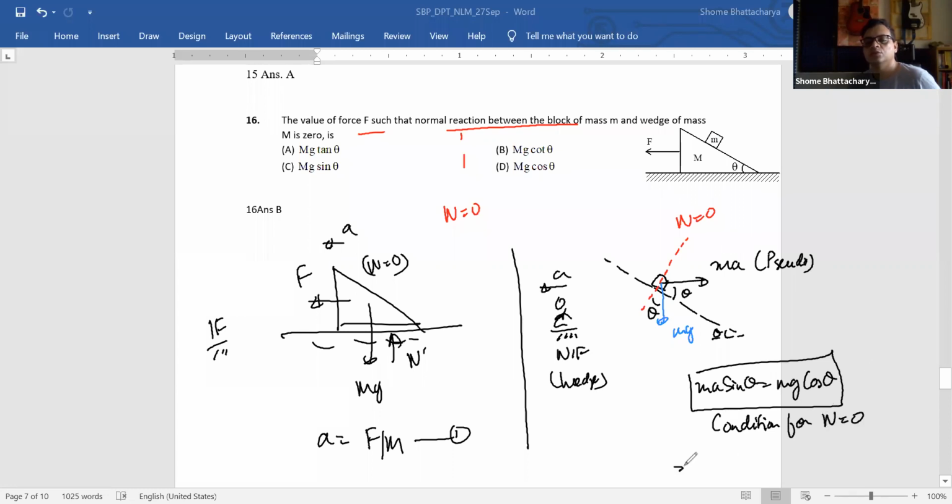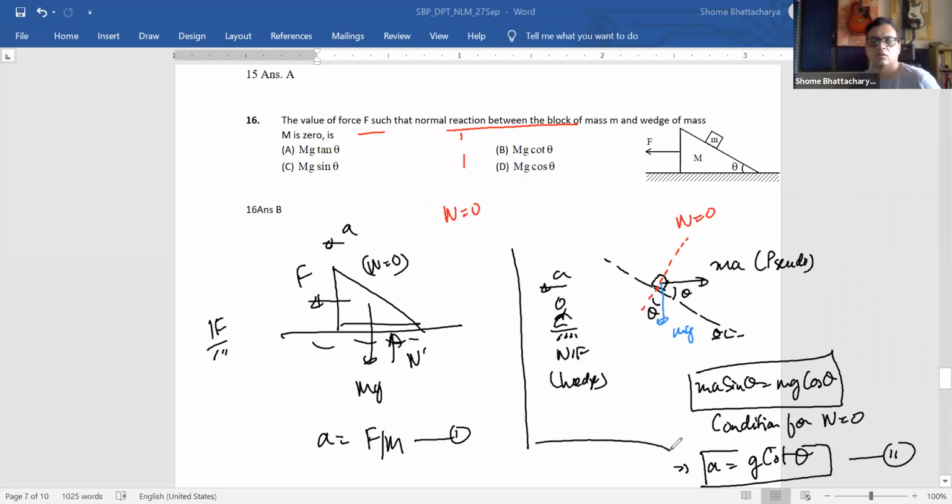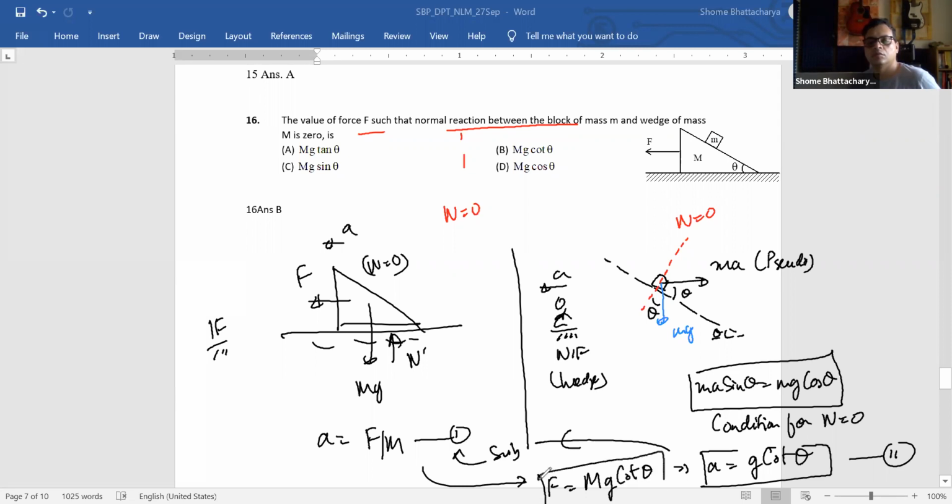So as you can see, E should be equal to g cot theta. That's your second equation. Now put it back in the first equation and you'll get the condition on F. Substitute this here, so you get F is equal to mg cot theta.